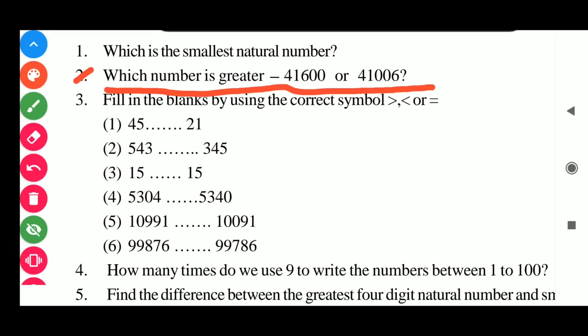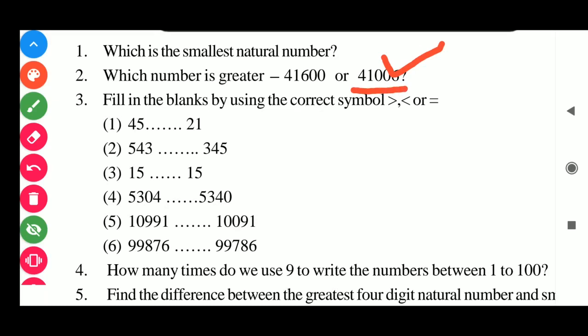Always remember, a positive number is always greater than a negative number. So we can write, this number is the greater number. 41006 is the greater number in this.